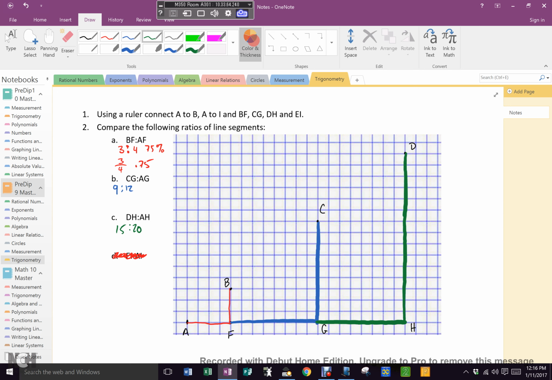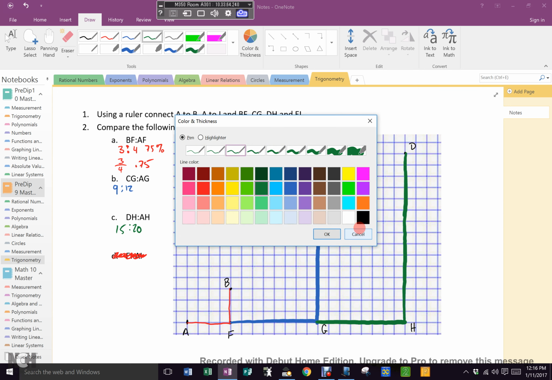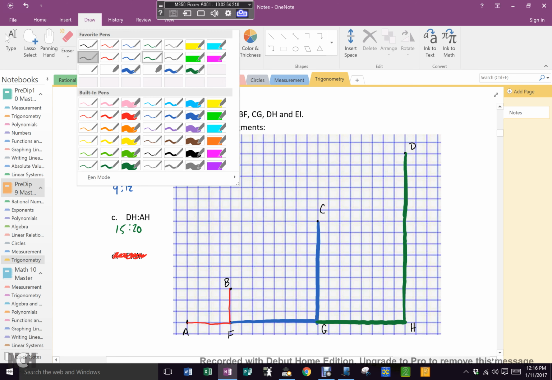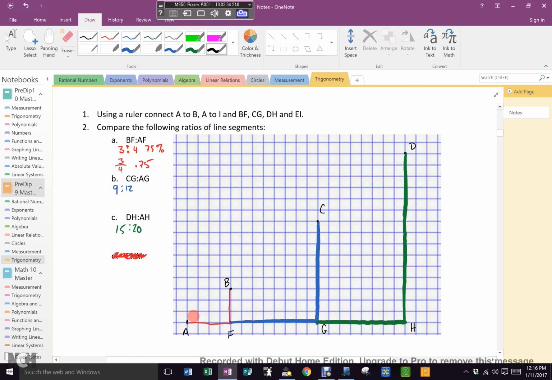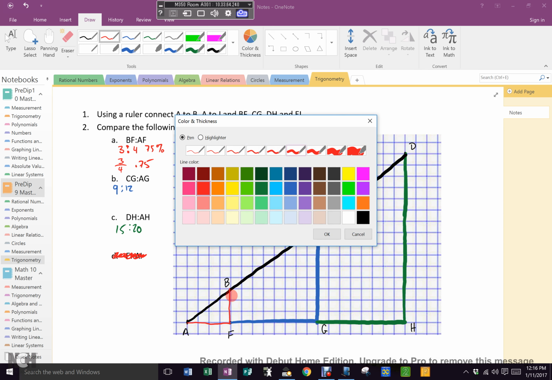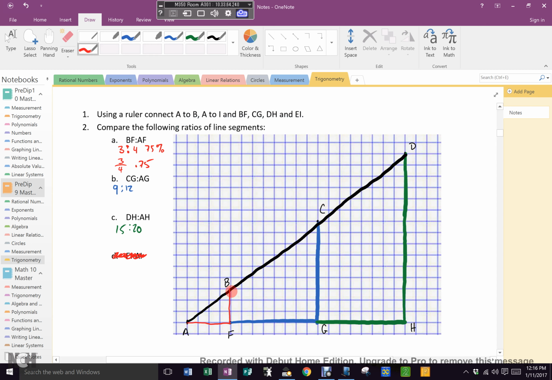Now, what happens if I go ahead and I take my pen and I draw the hypotenuse here? What did I make? What does that hypotenuse make?